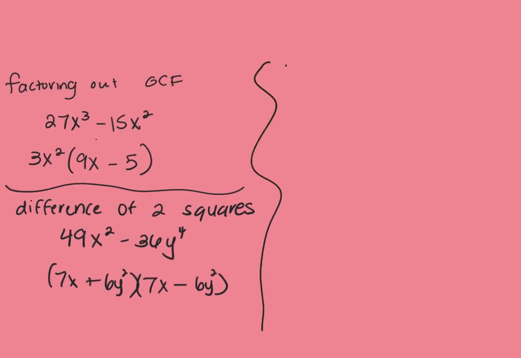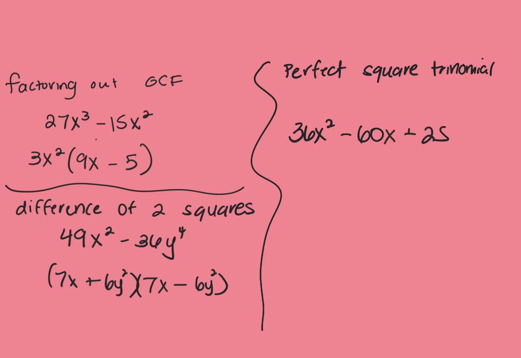And then the third method was the perfect square trinomial. And this one had a perfect square at the front, a perfect square at the back. And the way we tested these out was square root the first term, I'd get 6x.